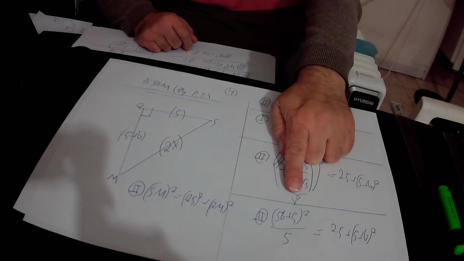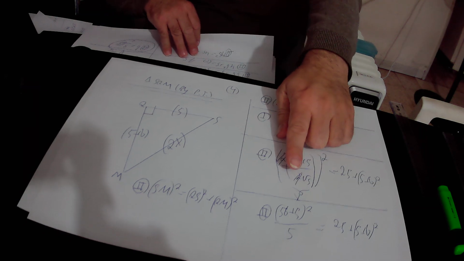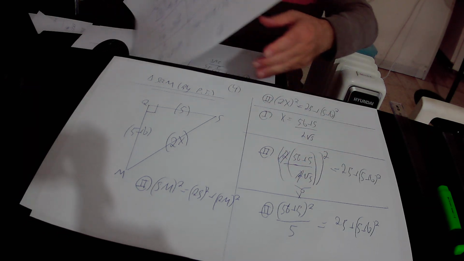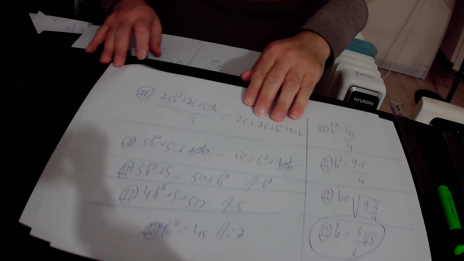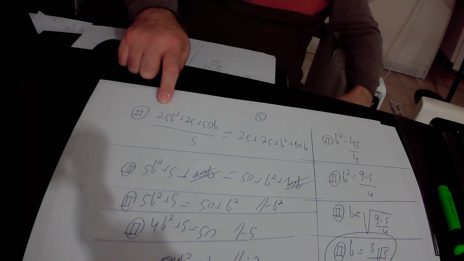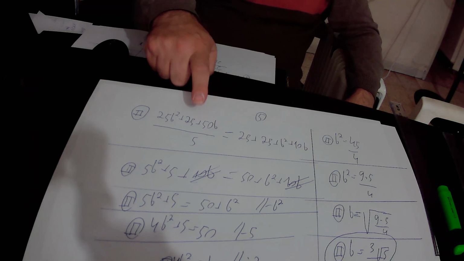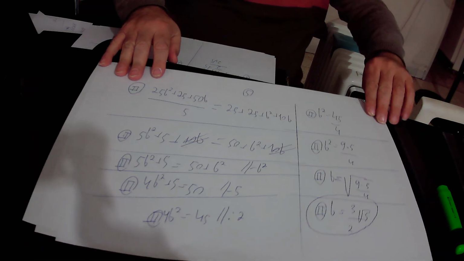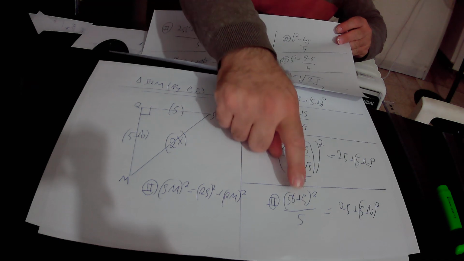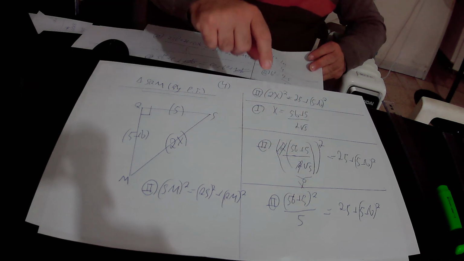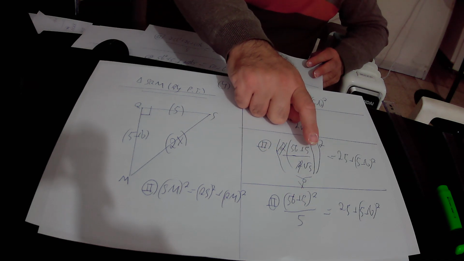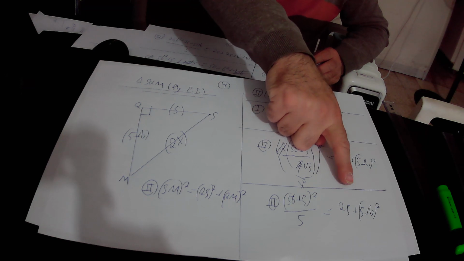So in total, on this side of the equation, we have 25b squared plus 25 plus 50b, all divided by 5.